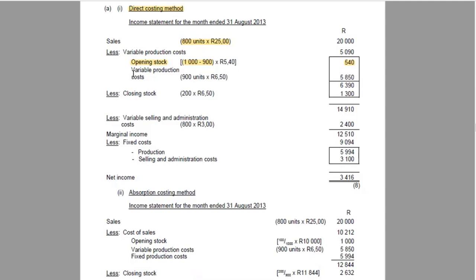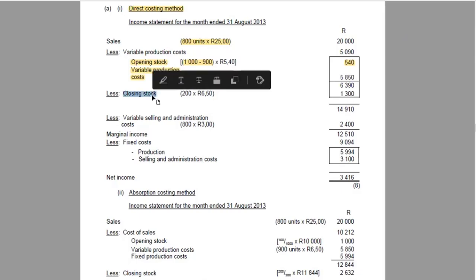If you have any questions, remember I can't see your hands, so just unmute yourself and talk. Okay. So these two costs give you the cost available, right? So it's this 6.3. You add your 540 plus the 5.8, it gives you 6,390.